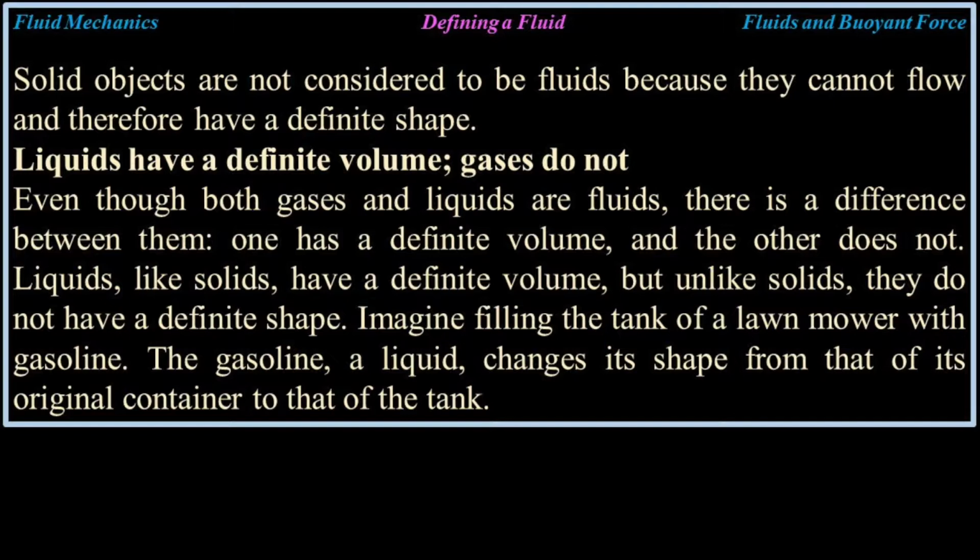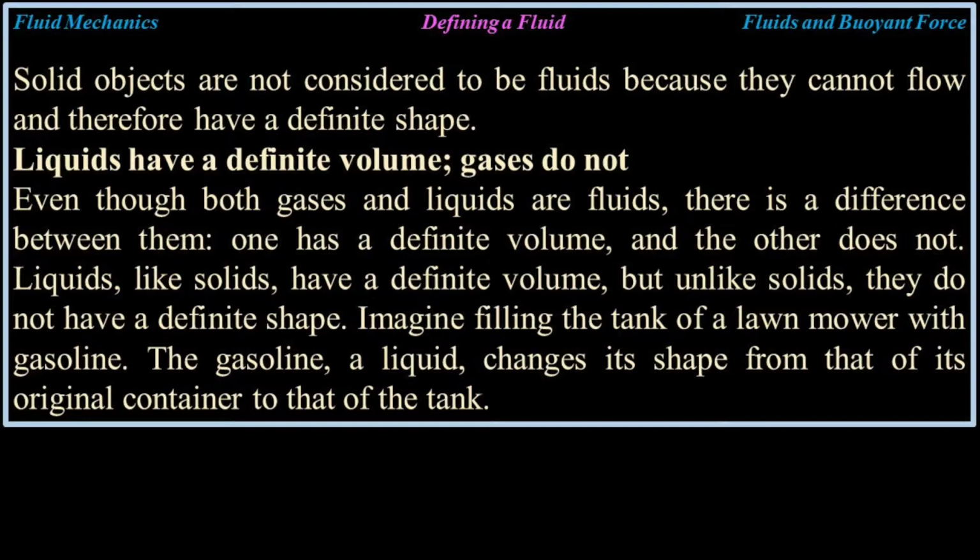Even though both gases and liquids are fluids, there is a difference between them. One has a definite volume and the other does not. Liquids, like solids, have a definite volume, but unlike solids, they do not have a definite shape. Imagine filling the tank of a lawnmower with gasoline.